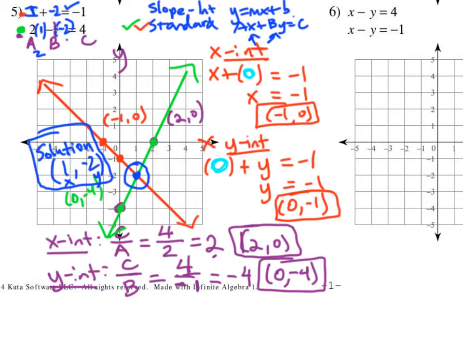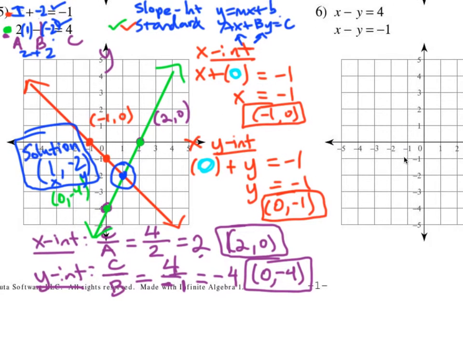Minus a minus turns into a plus. So 2 plus 2, does that give me 4? Yes. So again, the only point that works for both is when x is 1 and y is negative 2. That is our solution to this system. And we'll learn other ways to solve it besides graphing.